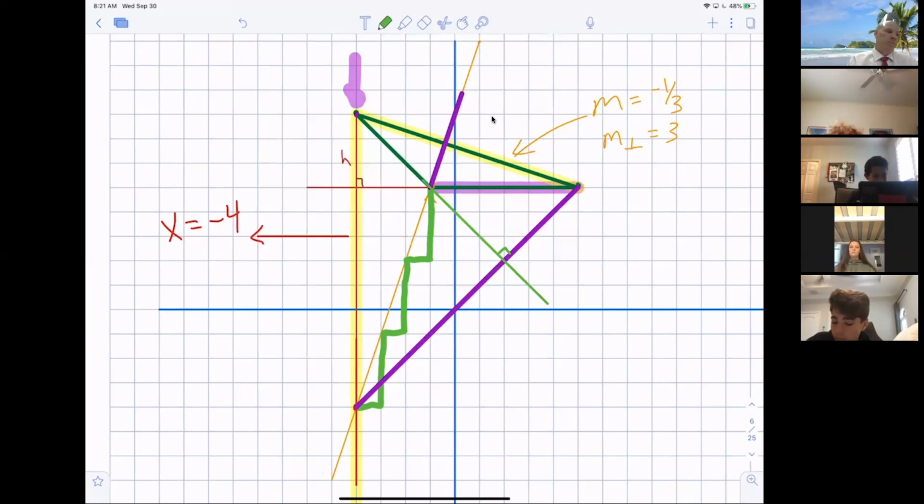So what, Morty? Yes, exactly. Because if you're going to draw something that's perpendicular, the slopes are negative reciprocals.